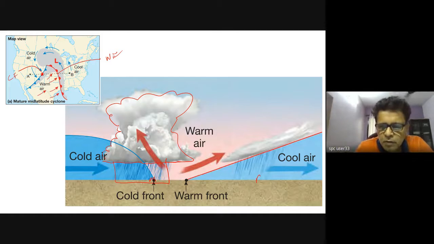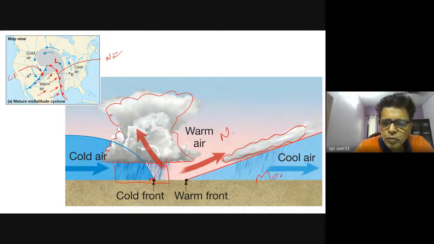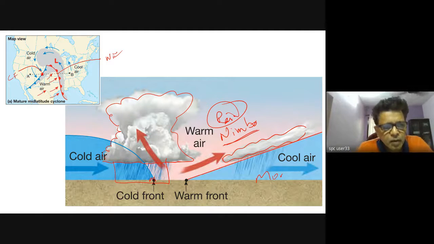Here rainfall, however, is moderate because the cloud spreads over a longer area. This is going to be nimbostratus. Nimbo means rain or moisture.